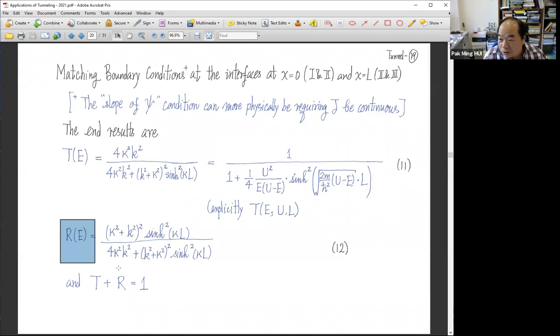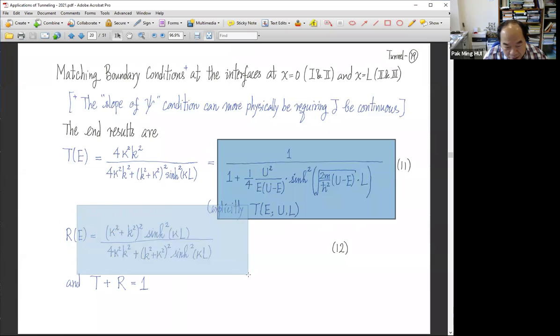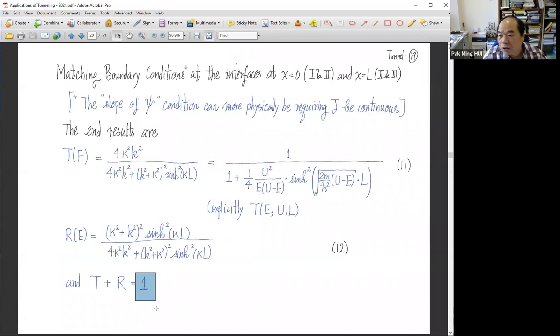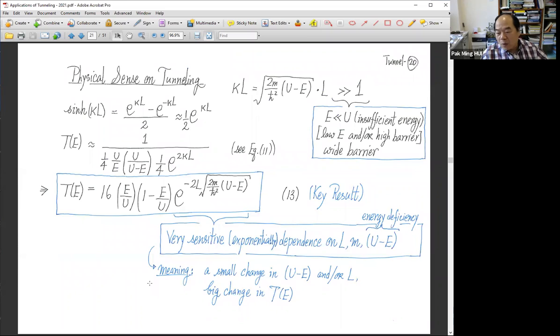Similarly, you can solve for the reflectance, reflection coefficient, and then you can check that this plus that happens to be 1. Of course, you don't have absorption. You don't have a loss, energy loss mechanism. If you have, you don't have this equal sign. Okay. Now it's more important to have some physical sense on tunneling.